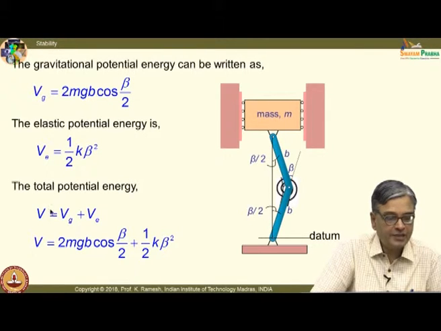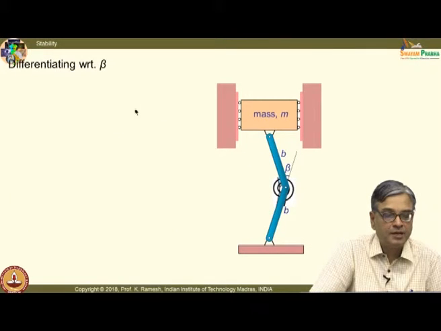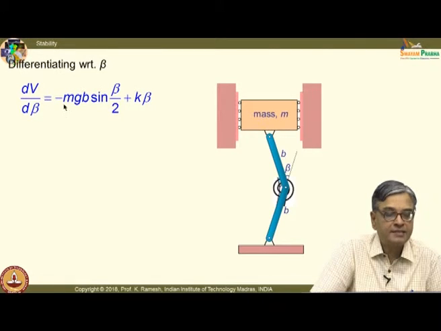So, the total potential energy is simply Vg plus Ve, which is 2 mg b cos beta by 2 plus 1/2 k beta squared. Now you differentiate this. Differentiating with respect to beta, I get dV by d beta equal to minus mg b sin beta by 2 plus k beta.